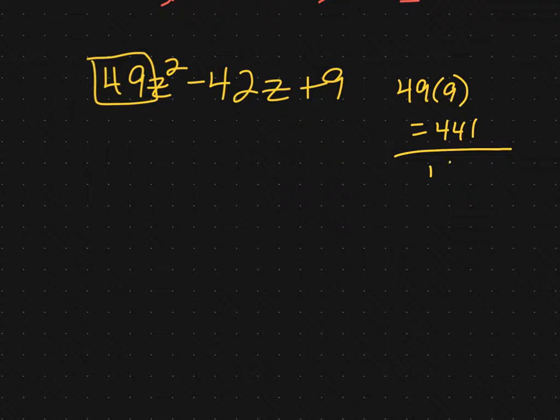So 1 times 441, or negative 1 times negative 441, but golly, neither one of those add up to 42, or negative 42. 441 divided by 2 is a decimal, so 2 doesn't go into it. 441 divided by 3, I'm checking these on my calculator. 3 actually goes in 147 times. So 3 times 147, or negative 3 times negative 147. But those sure don't add up to negative 42.